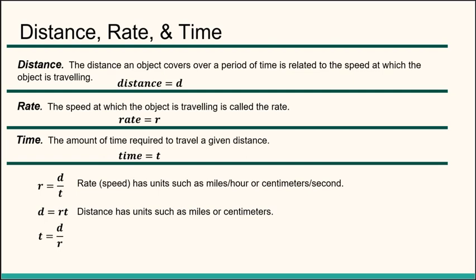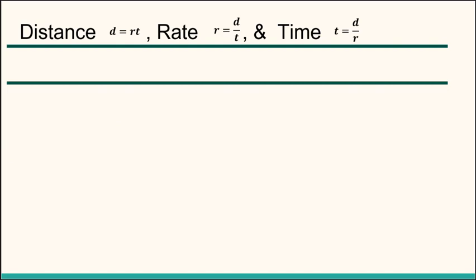If we were to divide both sides by r, we would get time equals distance over r. Time has units such as hours or seconds. And that's helpful in identifying exactly what it is you're looking at. So I'll just leave our equations up there, and you might want to do that as you work these problems.